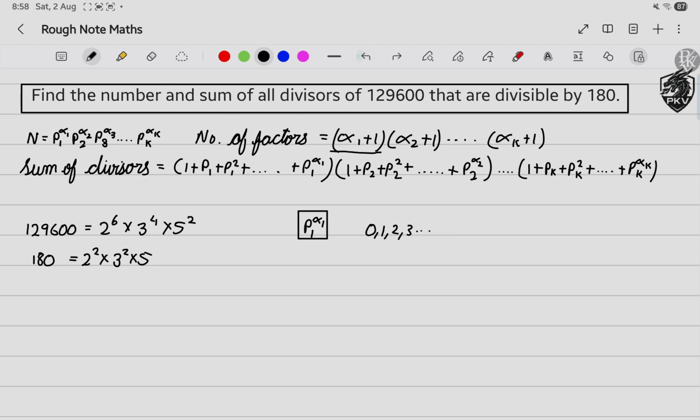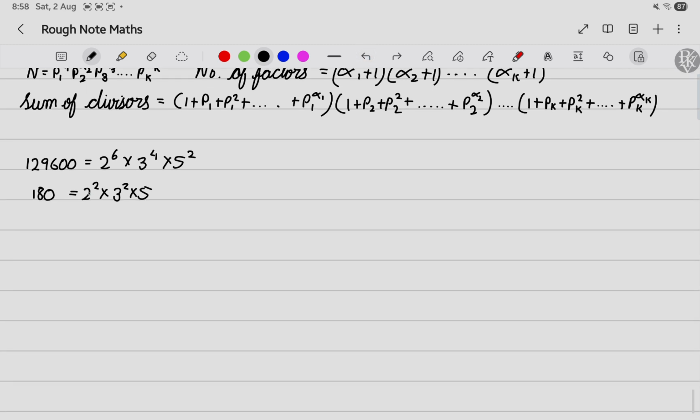In our particular situation, we have limited options. If it needs to be divisible by 180, then the only options for the powers of 2 are 2 square, 2 raised to 3, 2 raised to 4, 2 raised to 5 and 2 raised to 6. So there are 5 options for the powers of 2.